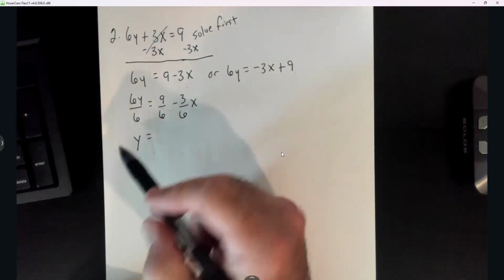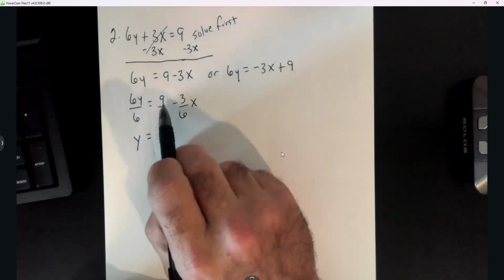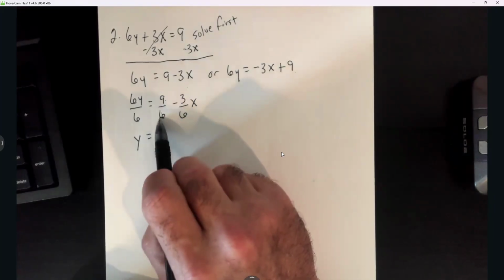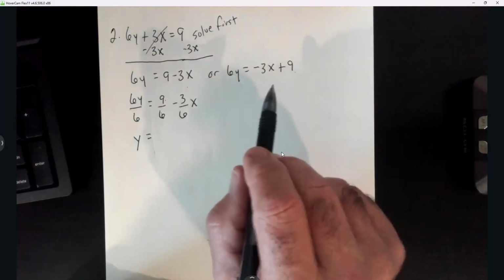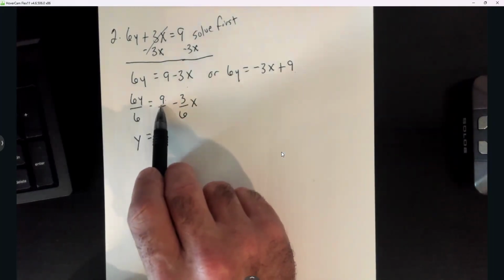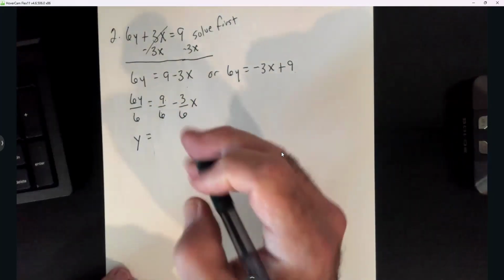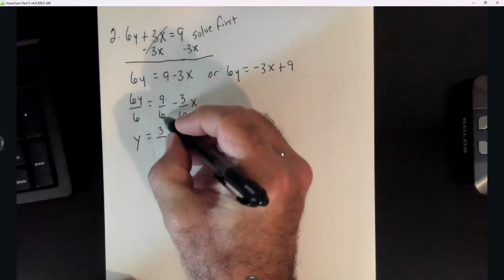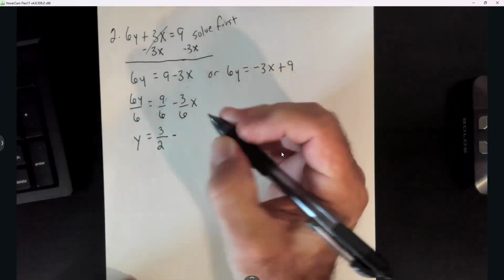And y'all, you just got to remember, if I don't put a number in front of these variables, it is always understood to be a 1. All right, so 9 divided by 6 doesn't happen. So we don't want mixed numbers, but what I will do is reduce this down. 9 and 6 both have 3's in them. So if you divide 9 by 3, you'll get a 3 on top. And if you divide 6 by 3 on the bottom, you'll get a 2.